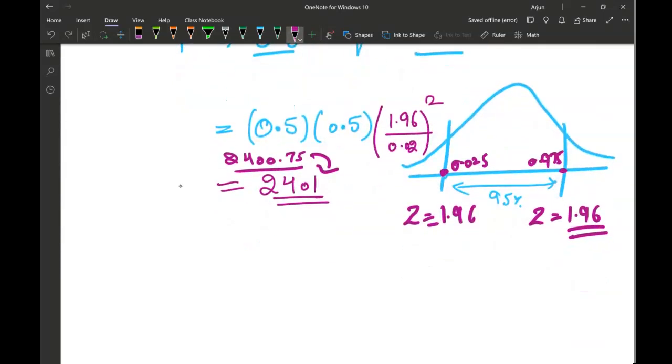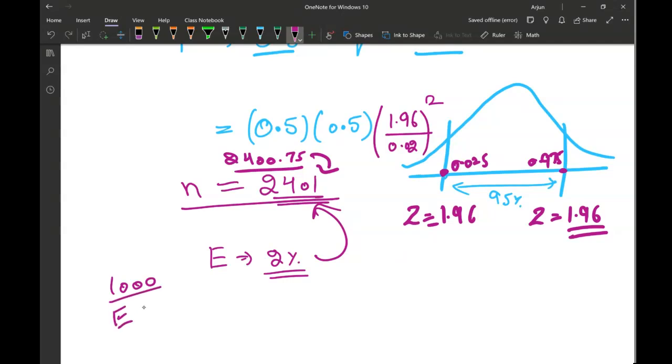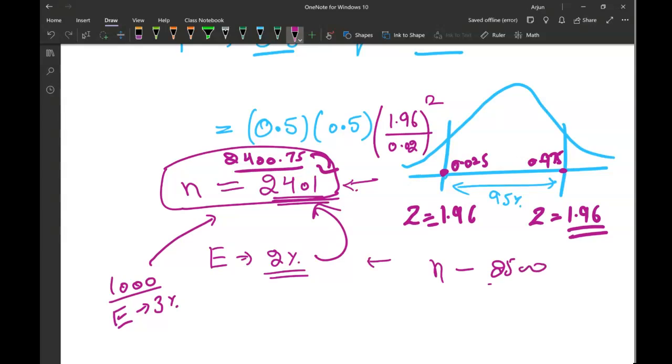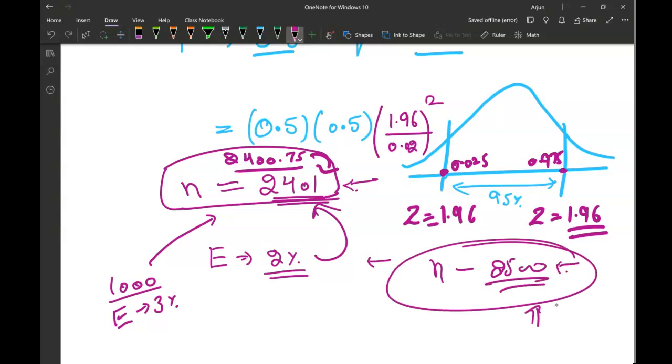Okay, so the n value, the sample size, if you wanted to conduct your research up to a margin of error of 2%, then your sample size should move from 1000, which was at 3% margin of error, now it should move to a sample size of 2401 at least. So approximately you're going to go for 2500 people. You will survey 2500 people to keep the margin of error up to 2%.